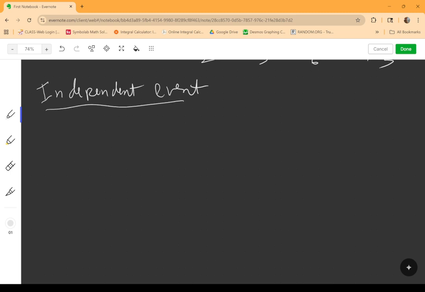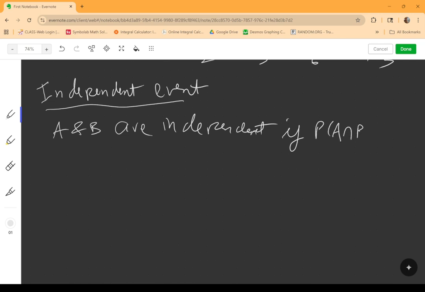If I have two events, A and B, that are independent, then the intersection, A intersection B, the probability of both things happening, is the probability of A times the probability of B. So again, this is analogous to the product principle, just in terms of probabilities. The way you think of it when we are talking about probabilities is that one event gives no information about the other.